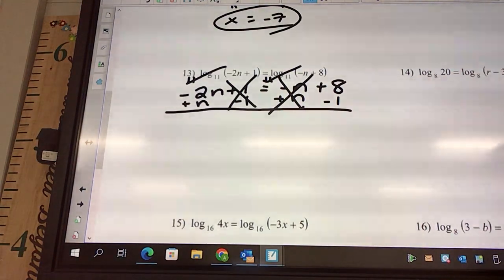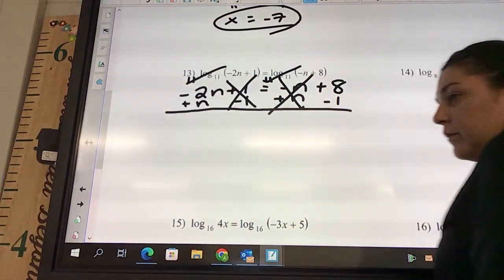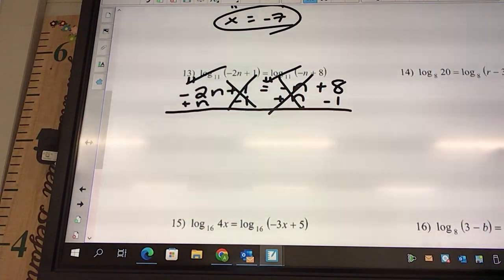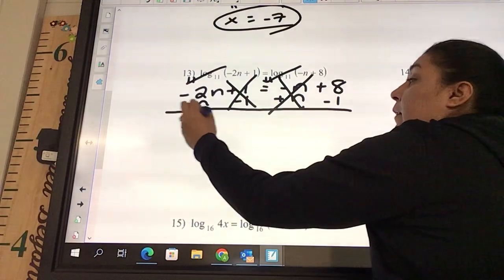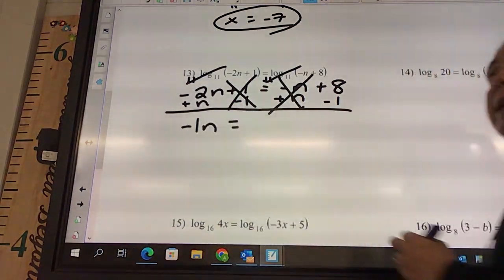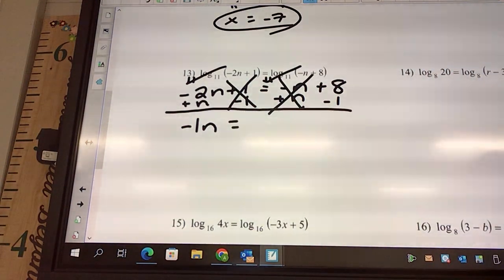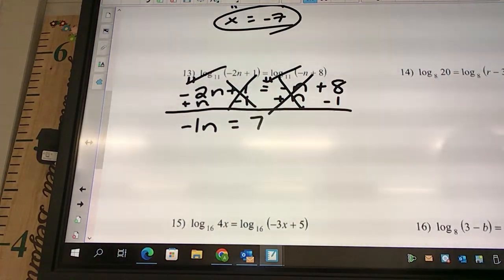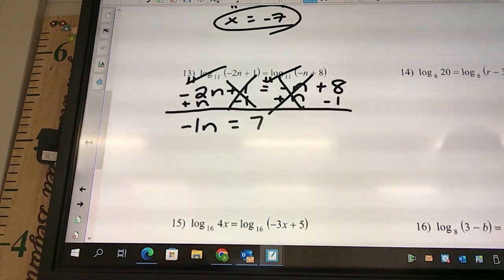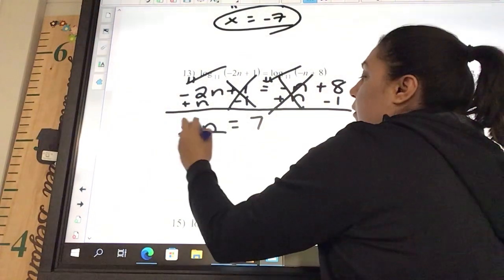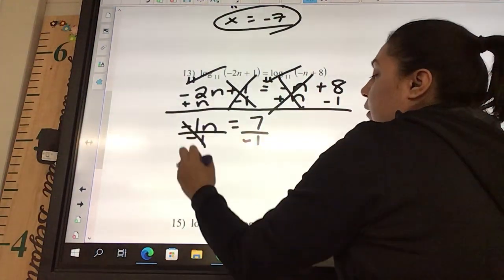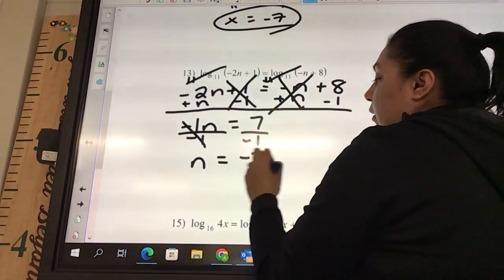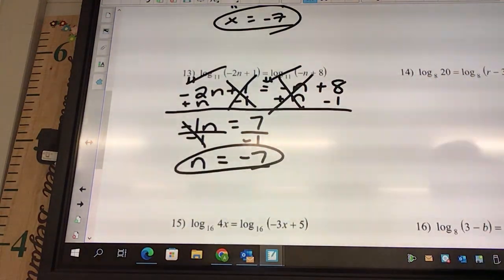Negative 2n plus n is negative 1n equals 8 minus 1, which is 7. And then what? So you're going to get negative 7.